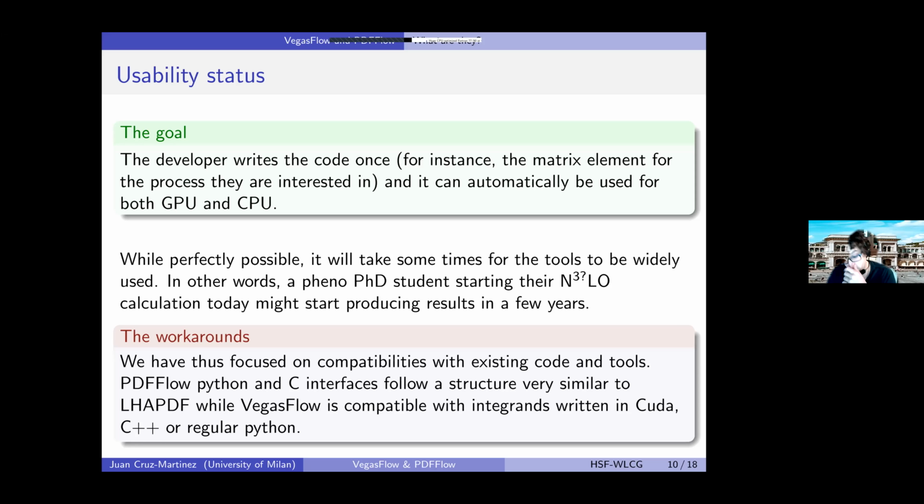And therefore we have also focused a lot on being compatible with Fortran, C++, or other languages, so that parts of this framework can already be used with existing codes.